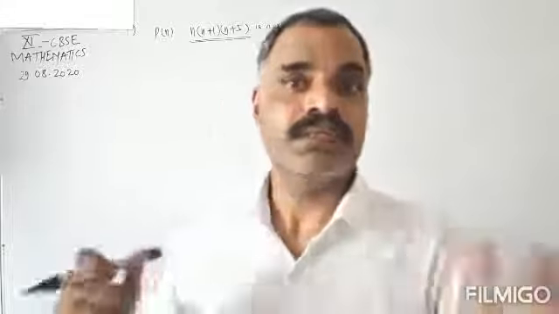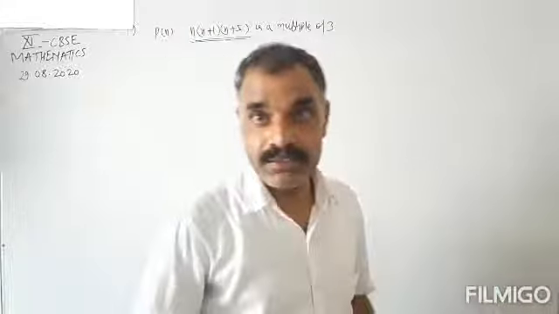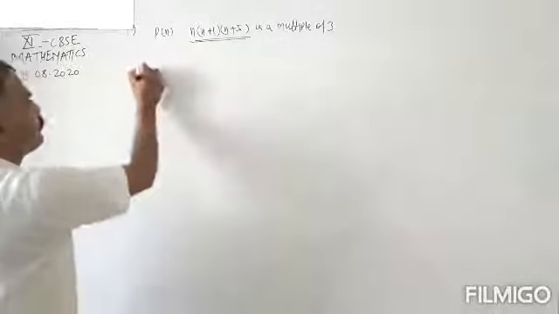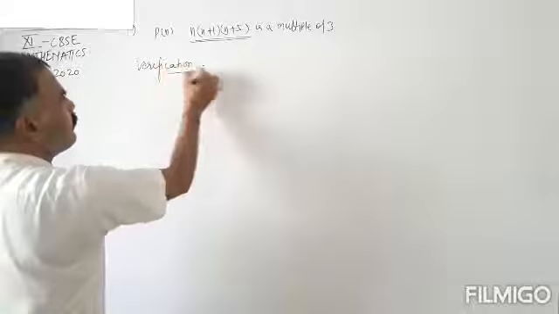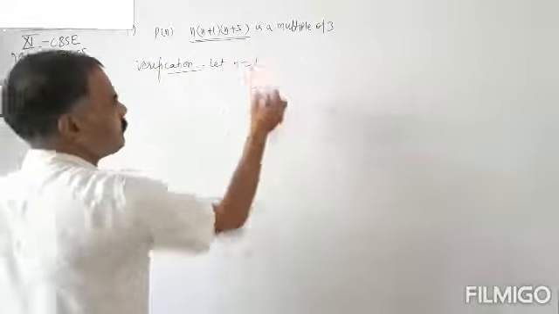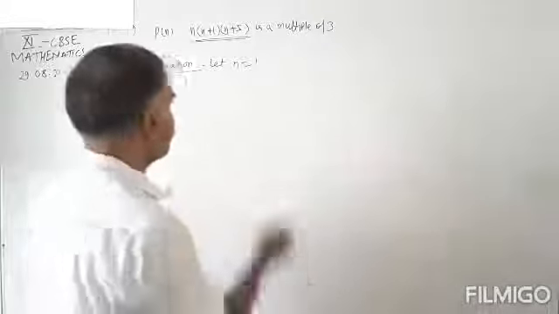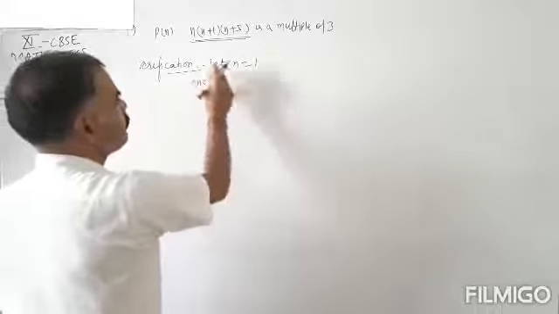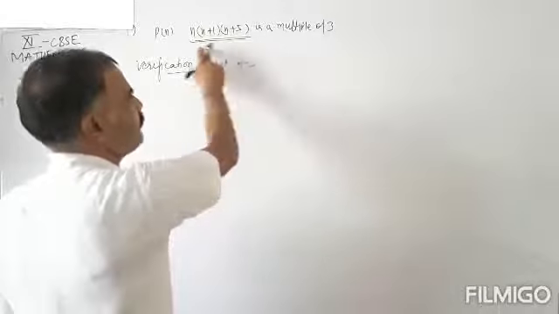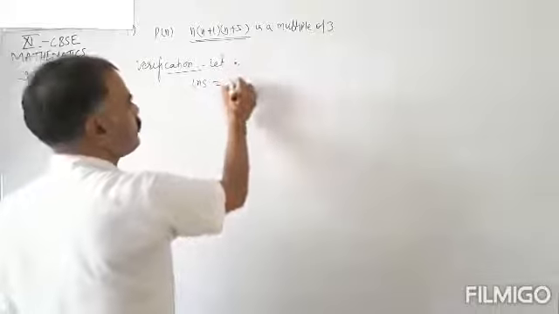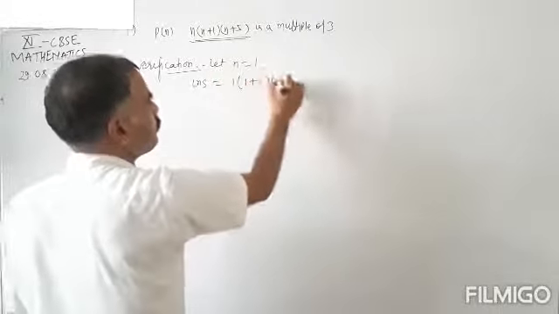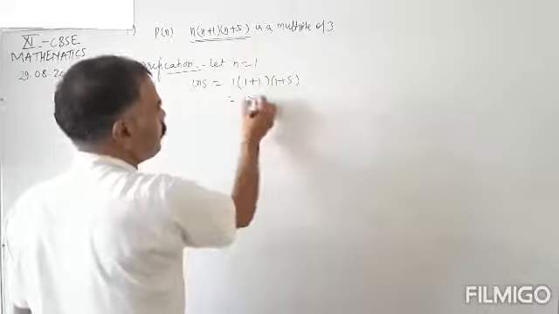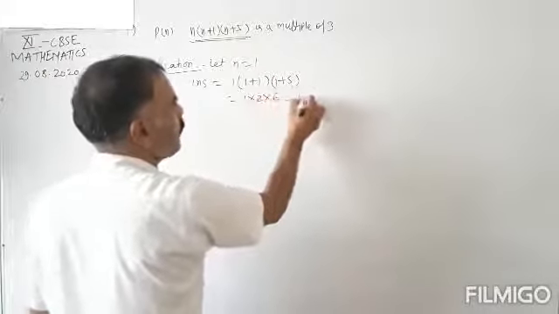Okay, so we will start from the verification step. Let n equals to 1. Left hand side is this: 1 into 1 plus 1 into 1 plus 5, that is equals to 1 into 2 into 6, that is 12.